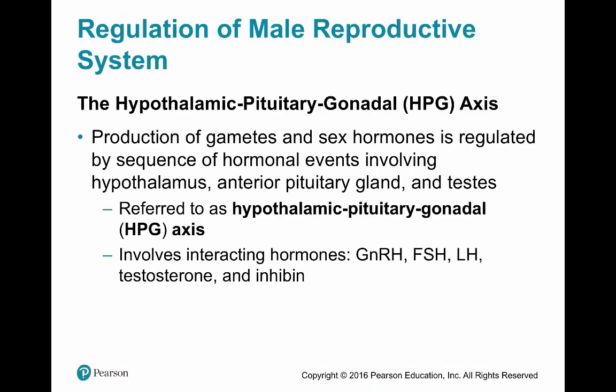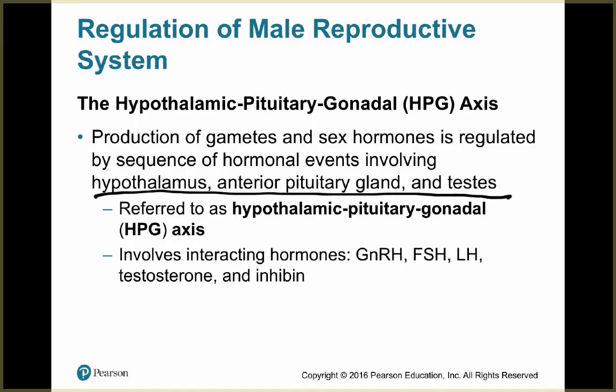And so there's a way that we regulate the reproductive system, and that's through the hypothalamic pituitary gonadal, or HPG axis. And this is for the production of gametes and sex hormones, how they're regulated by the sequence of hormonal events involving the hypothalamus, the anterior pituitary, and the testes, right? And it involves these set of different hormones.